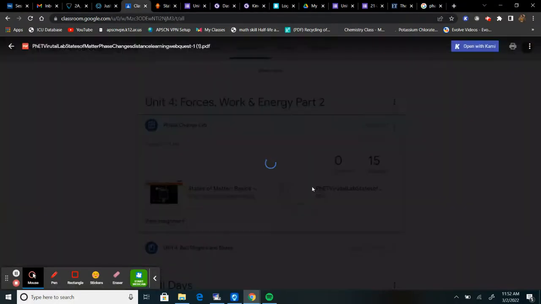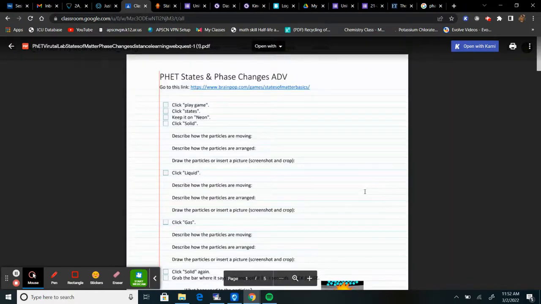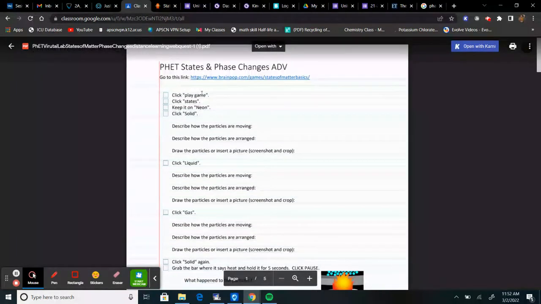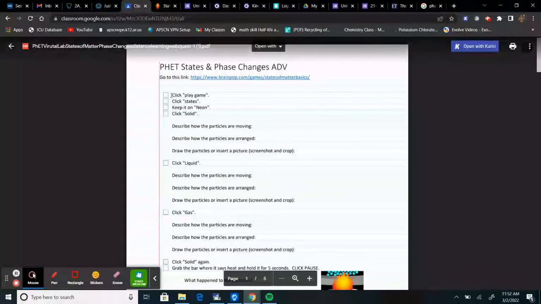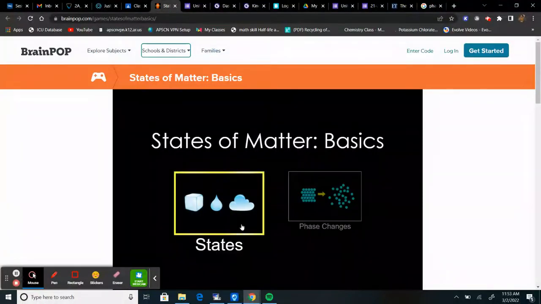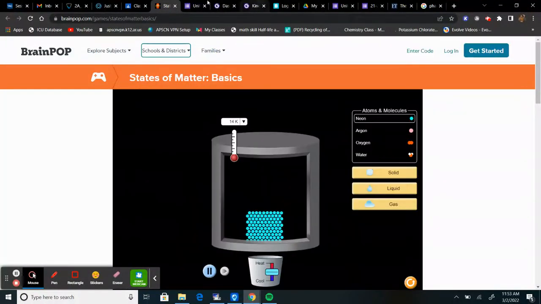Our other link here, which you can open up in Kami if you so choose, you have the step-by-step instructions, and you have it in check mark boxes. So you've opened the link, click play game, and then it says click on states. So states is this first one.